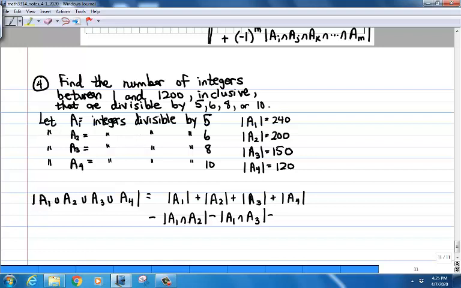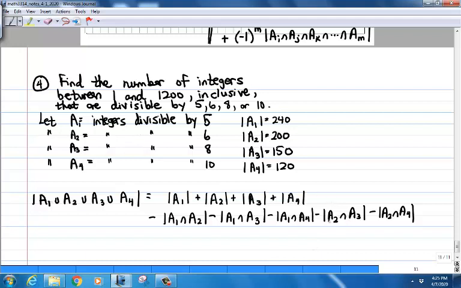So let's see, what are those? A1 intersect A2, A1 intersect A3, A1 intersect A4. And then we would also have A2 intersect A3, and A2 intersect A4. And then what's left?